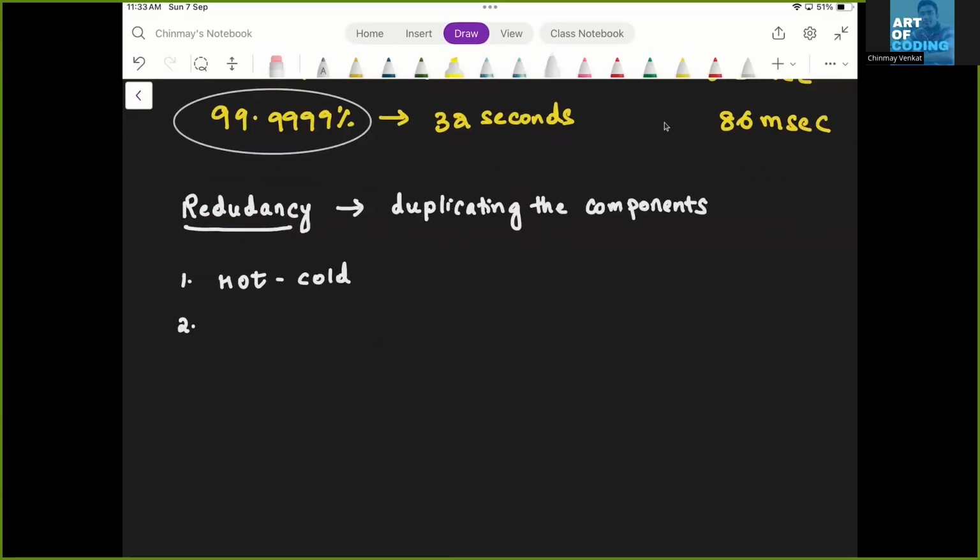Second is the hot warm architecture. Third one is the hot architecture.